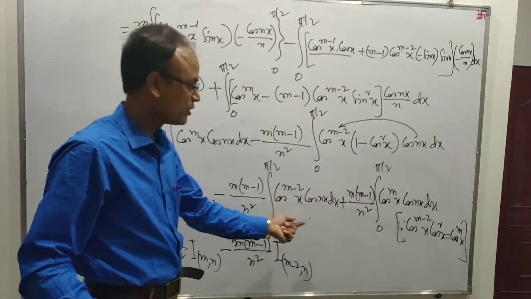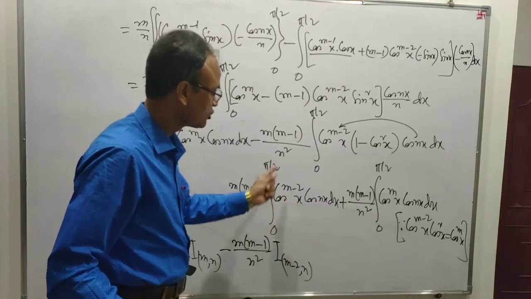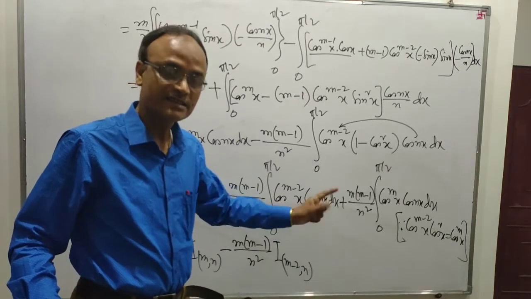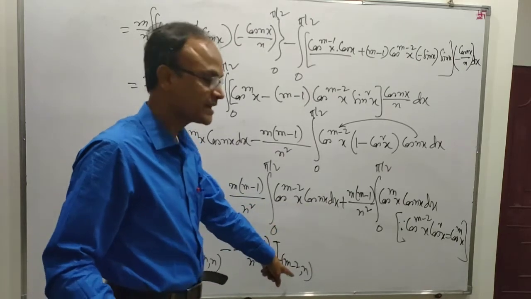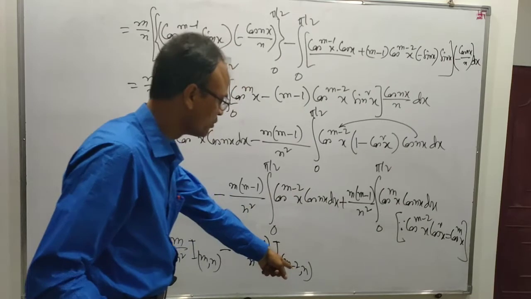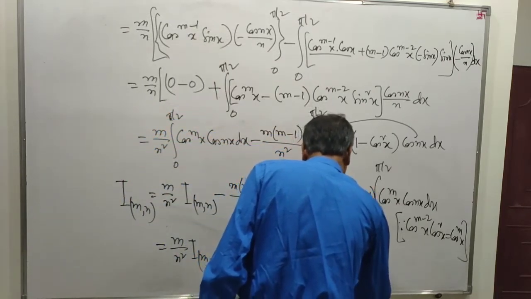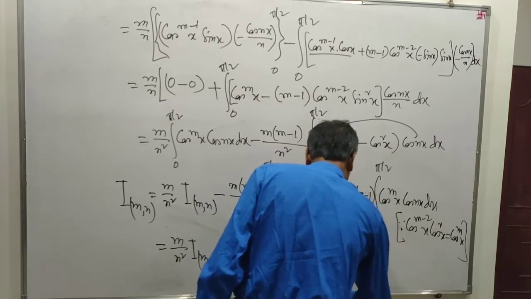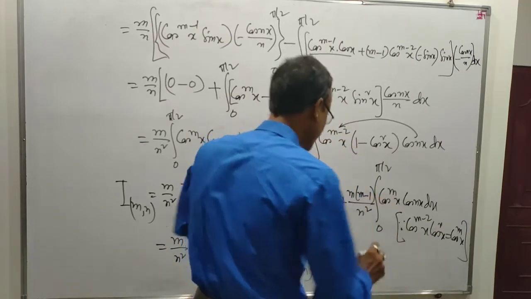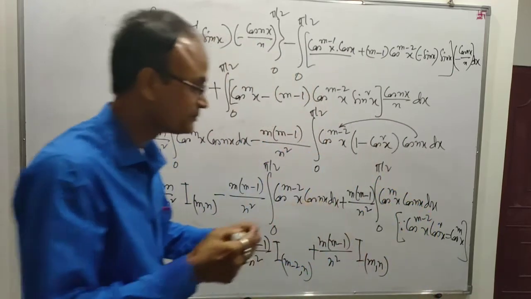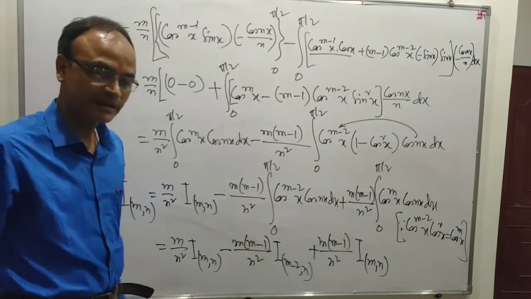If I m n stands for integration 0 to pi by 2 cos mx into cos nx, equal to I m n, what will this be? This must be equal to I m minus 2n plus m into m minus 1 divided by m square. It is again I m n, right?